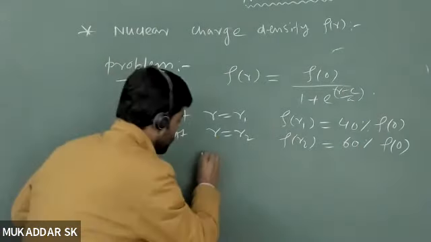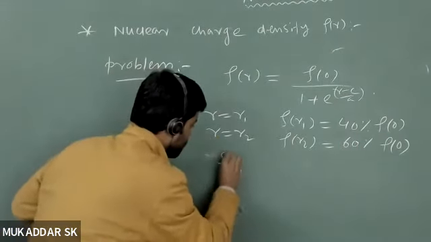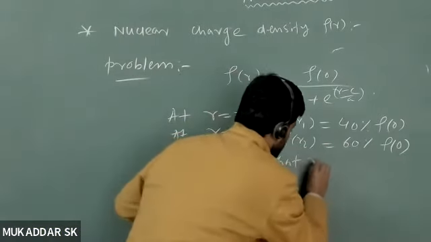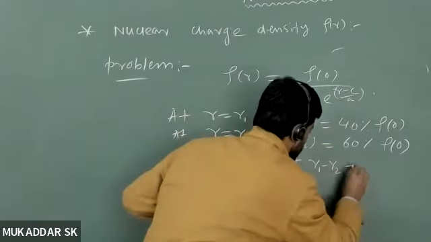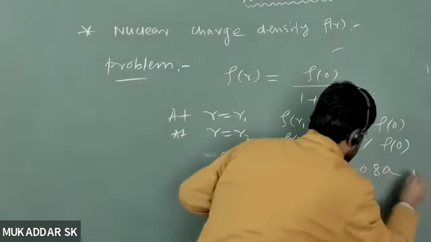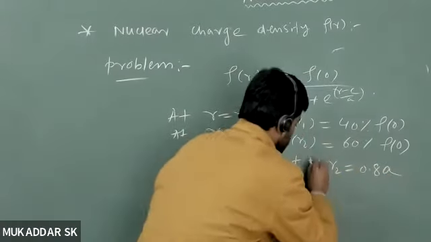You have to show that r1 minus r2 will be 0.8 a.